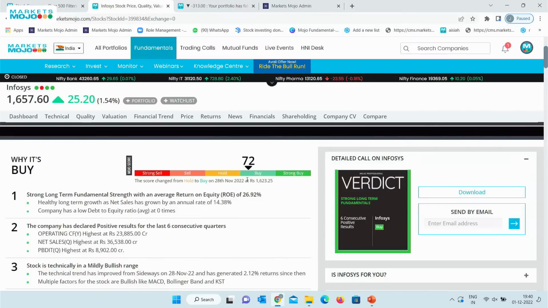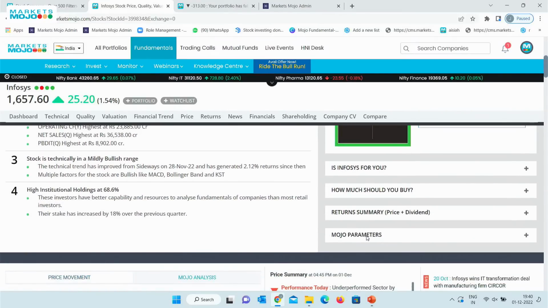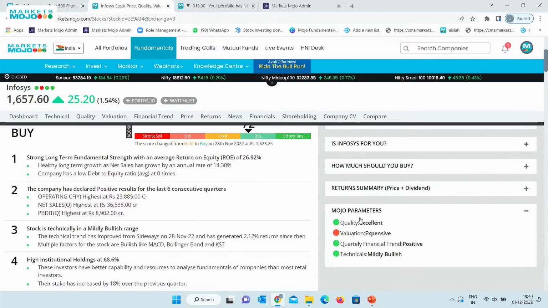Is the Mojo score. And to calculate this Mojo score, if you just scroll below, we look at these 4 Mojo parameters: quality, valuation, CFT, and technicals. So CFT score is just part of these Mojo parameters, which then run to get the Mojo score over here.